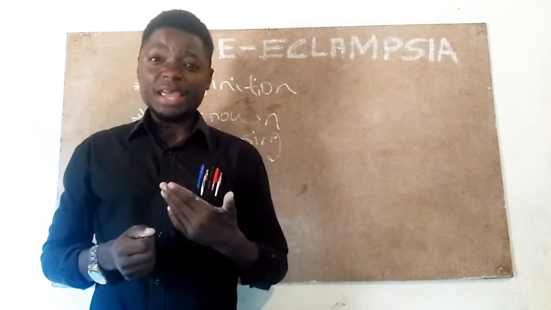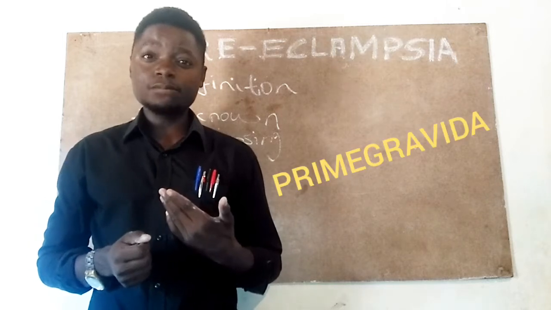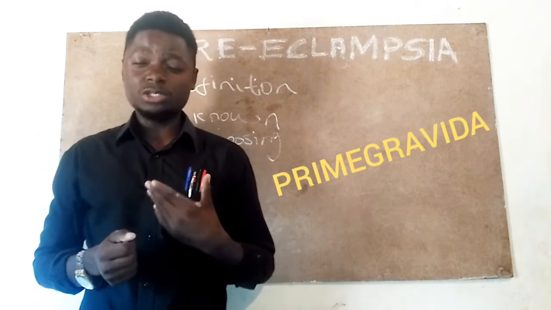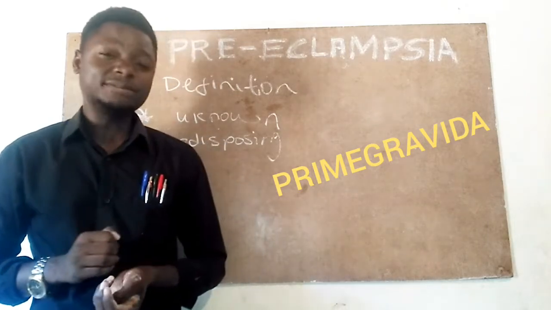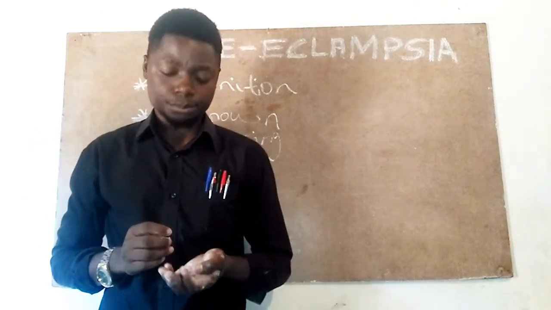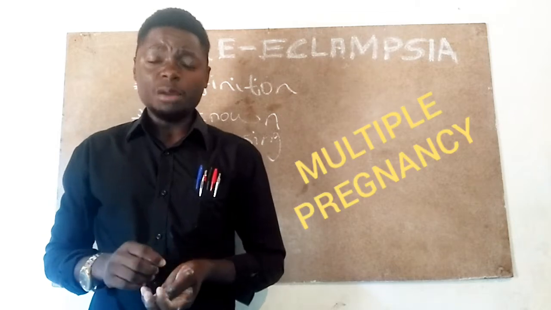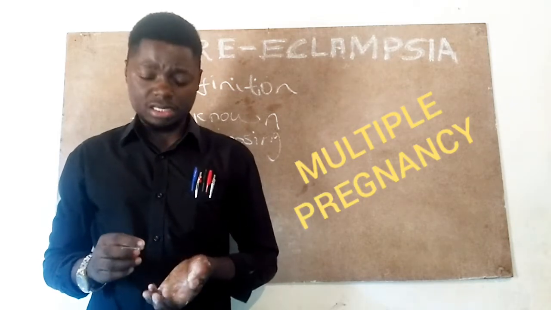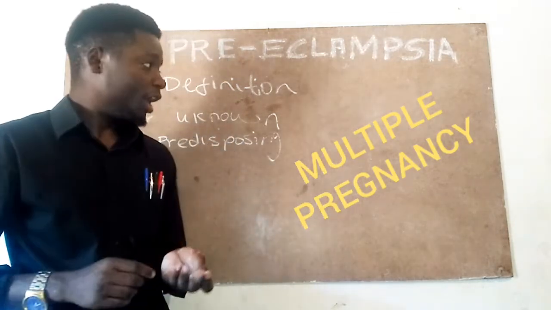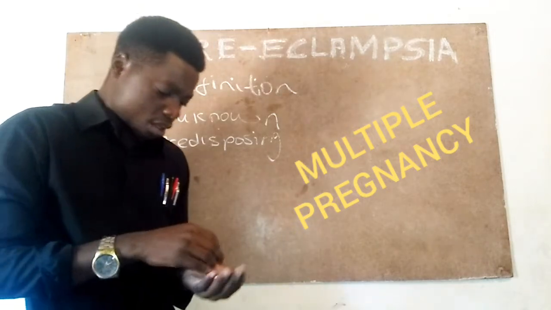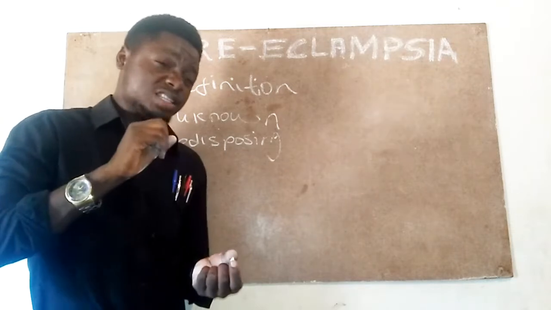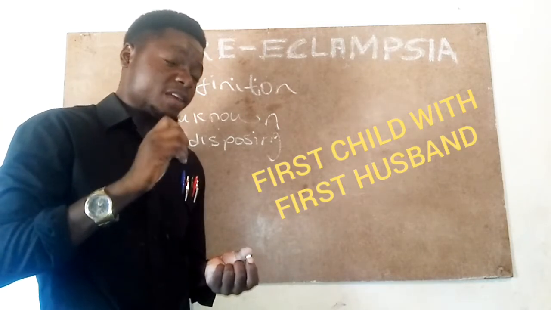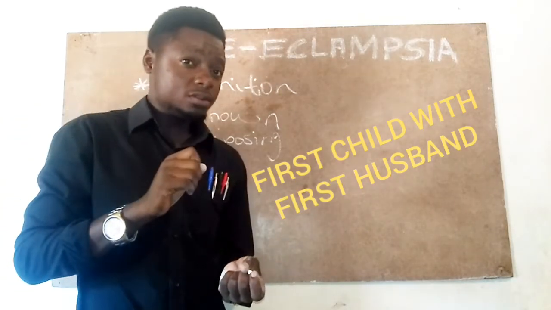Now, they talk about primigravida, the first pregnancy, which also predisposes the woman to developing this type of hypertensive disorder in pregnancy. So those are some of the predisposing factors. You can also talk about first child with a first partner.